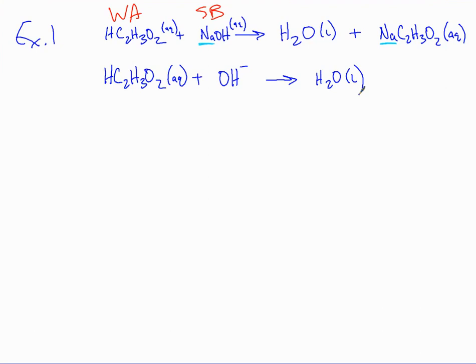There's one more piece we have to put in here. This acetate, it shows up on this side and it's a weak acid, so they don't really come apart that well. Over here, it has to be there. So this acetate right there needs to show up in the equation.